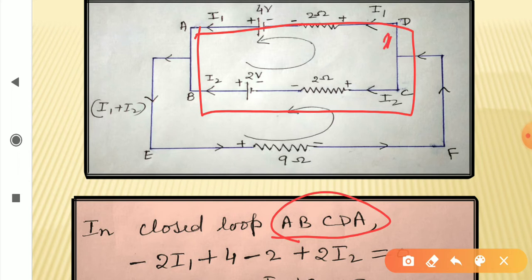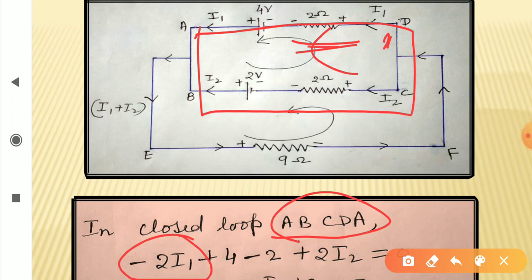So if I start at this point, then potential drop across this 2 ohm is minus 2I1, because it is moving from higher potential to lower potential. See, moving clockwise or anti-clockwise is purely your choice, right?